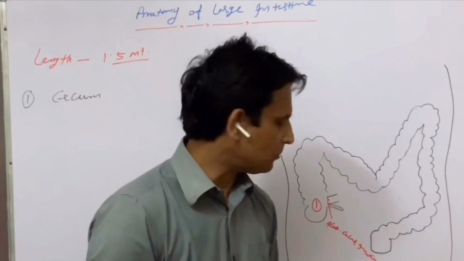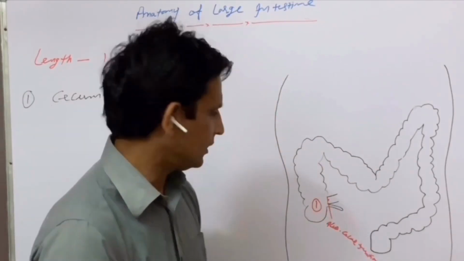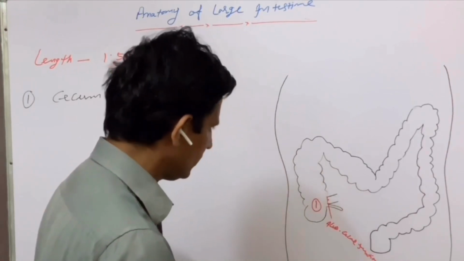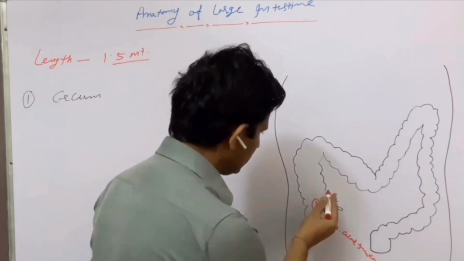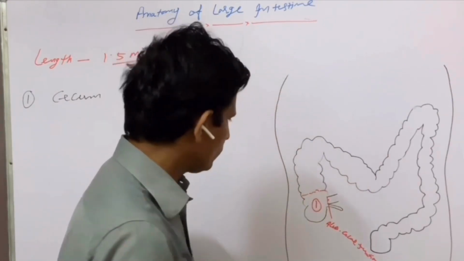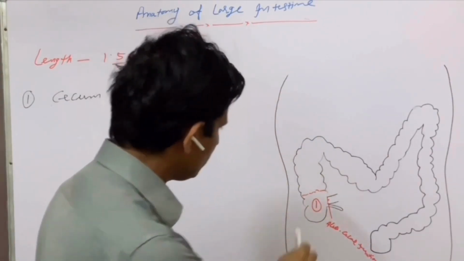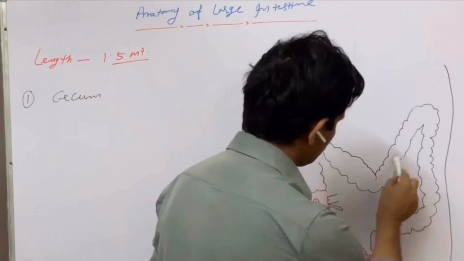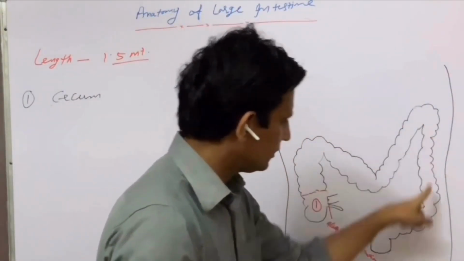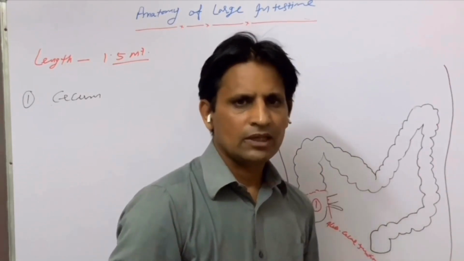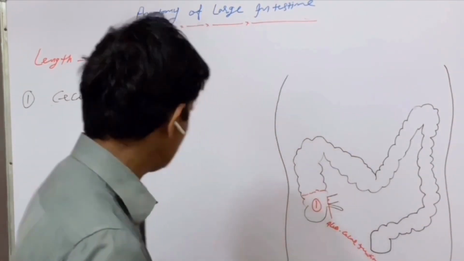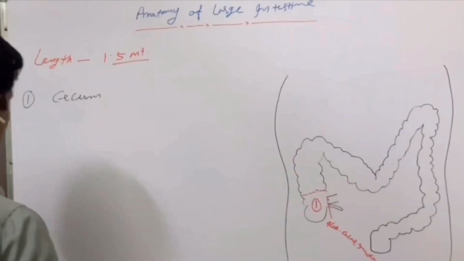So the first basic part of the large intestine is the cecum. And the second part, this whole loop, this whole tube, is known as the colon.